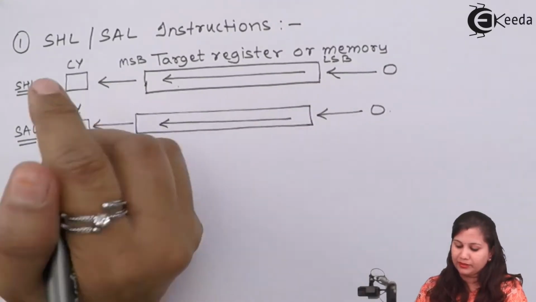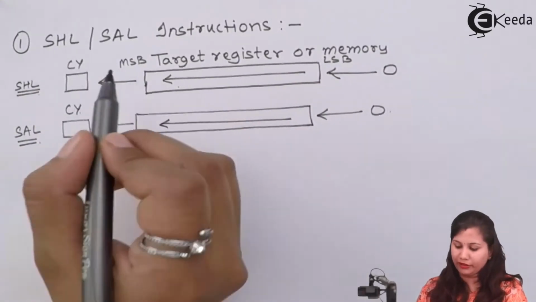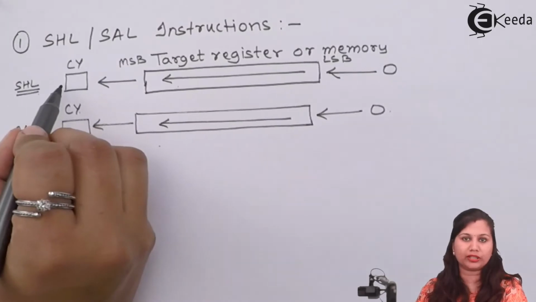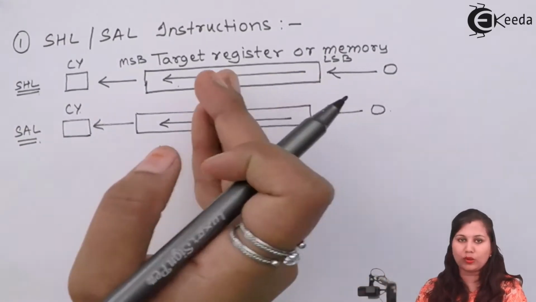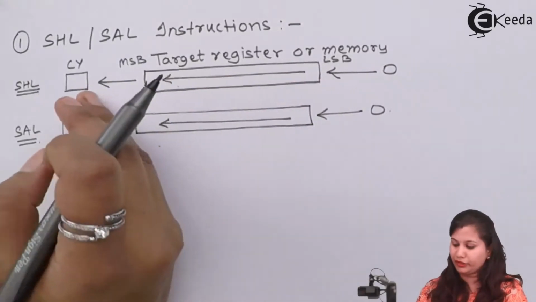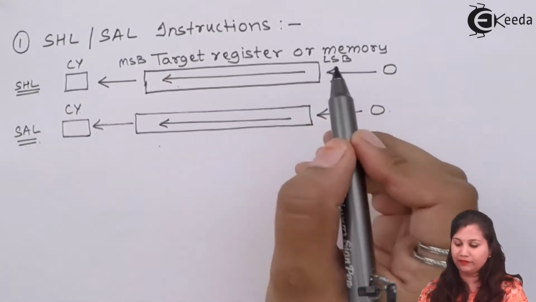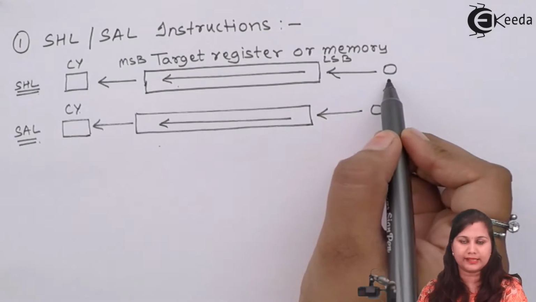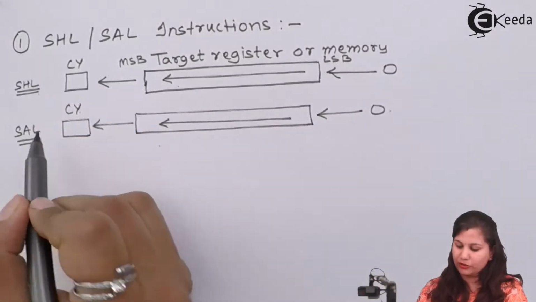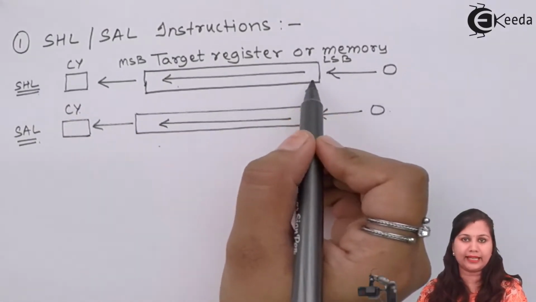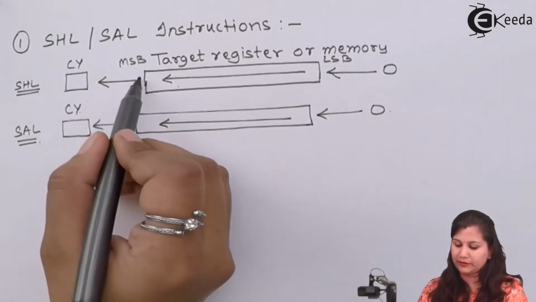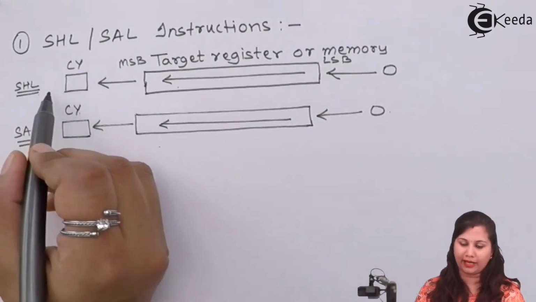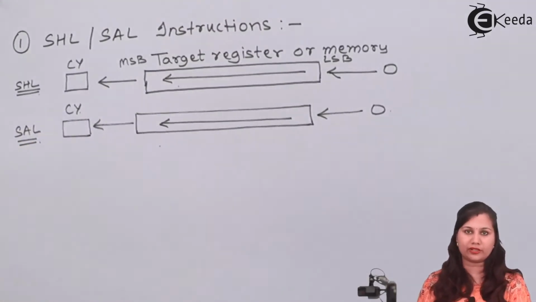That data, the MSB bit, the most significant bit, will be shifted to the carry flag, and one by one the bits will be shifted, and at the LSB we are going to insert a 0. So in both these instructions 0 is inserted at the LSB position, and the MSB bit will be shifted into the carry flag. So it is a shift instruction.